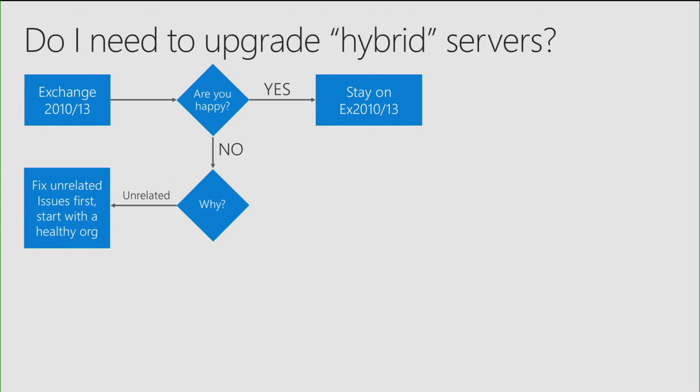So do you have issues that are unrelated to the Exchange hybrid process, just an unhealthy deployment of Exchange in general? Well, if so, you really need to fix those first, right? Don't start with an unhealthy organization that has issues that you don't understand showing up in the event log, or problems occurring on an ongoing basis where servers are failing.